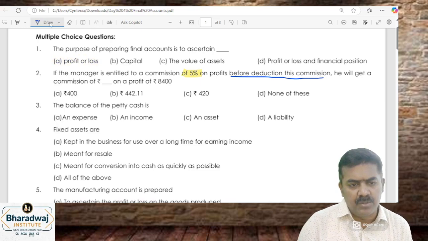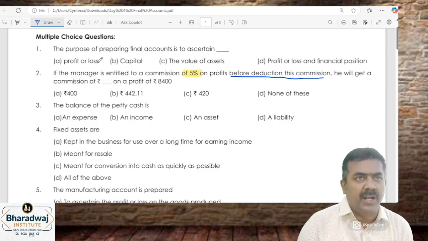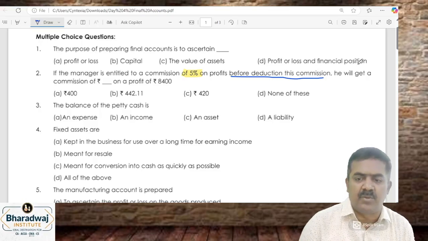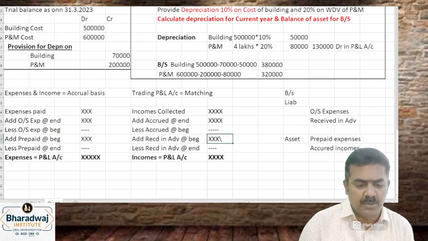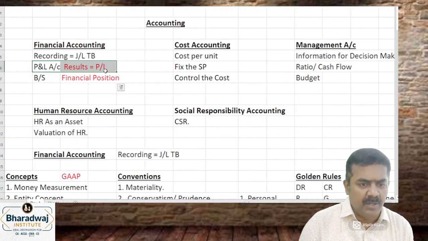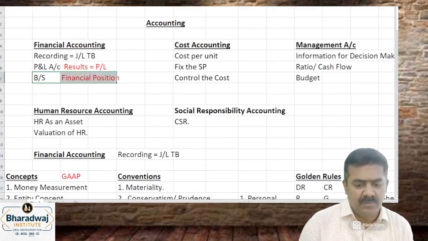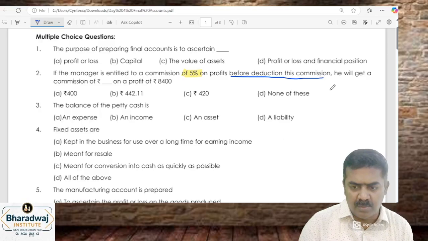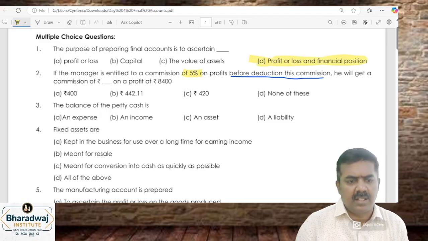The purpose of final accounts is to find out profit or loss and financial position. We want to find out P&L as well as what? Financial position. That's what we had seen. I made an oversight mistake. Answer is D. Then, second question, you can try to answer.